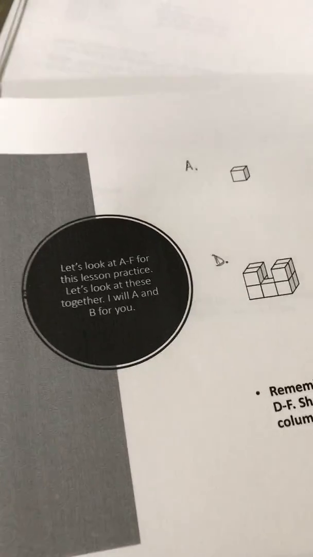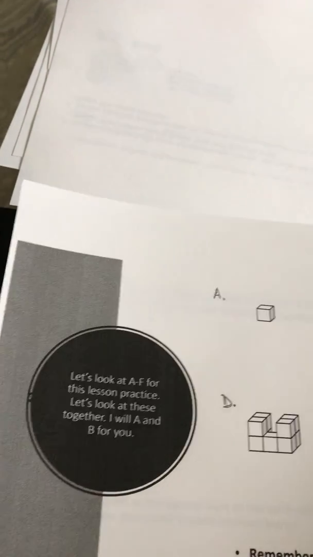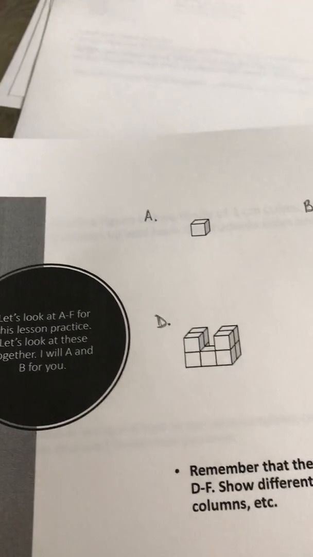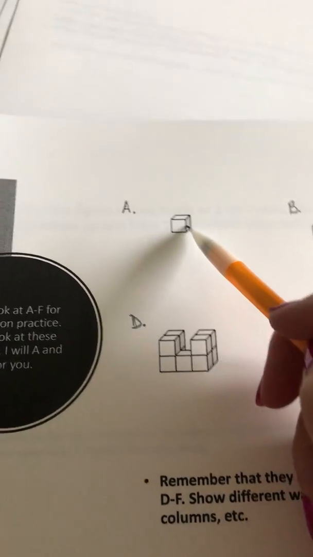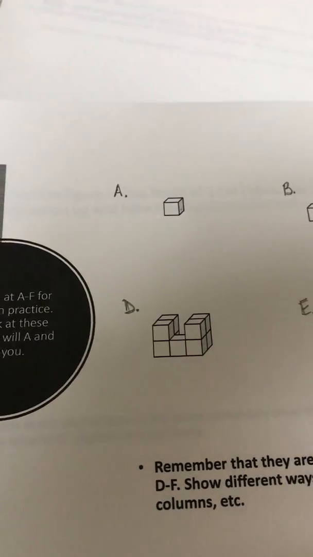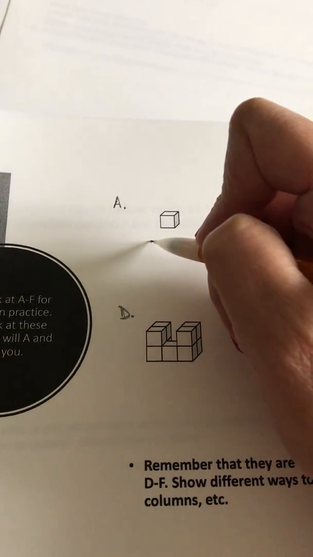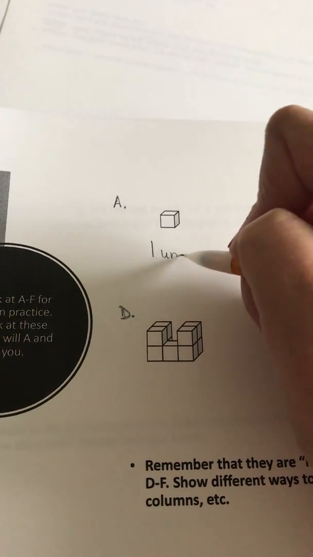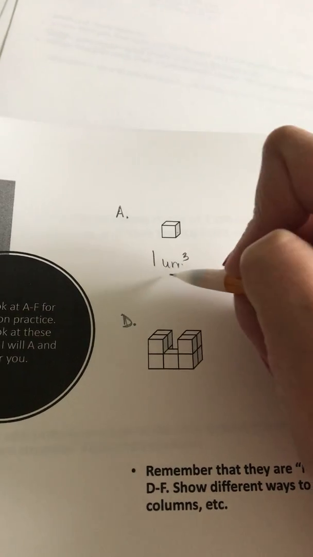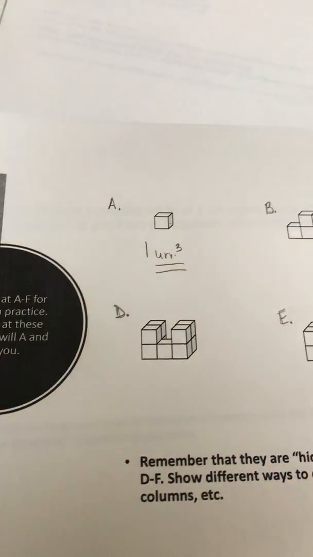Here we go. So I'm going to do the first couple with you, and then you guys will do the rest. Remember, we're just counting today. So the first one, really simple. 1 unit cubed. Pay attention to how we are labeling.